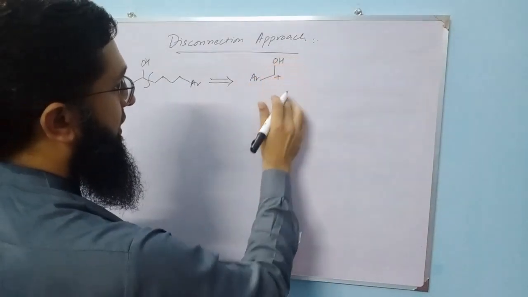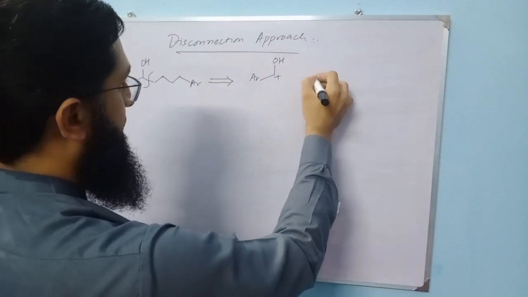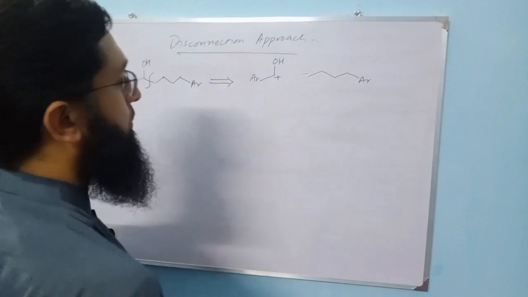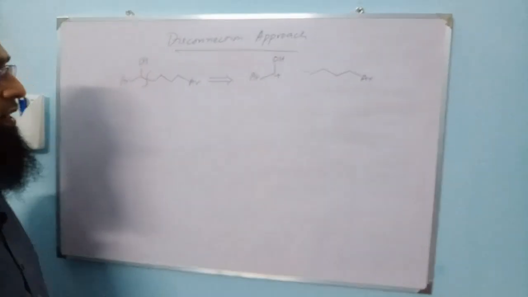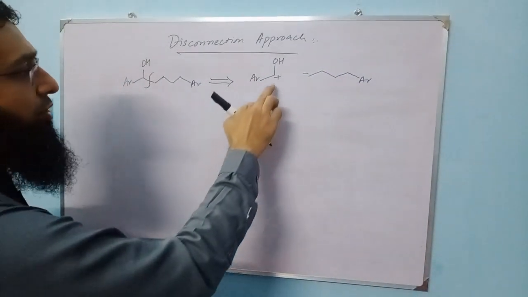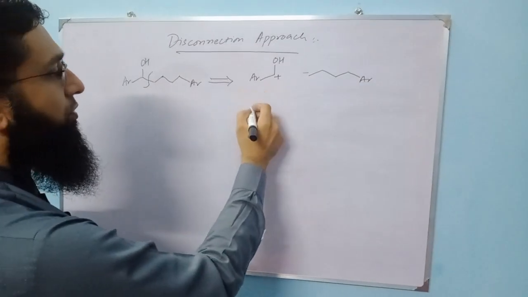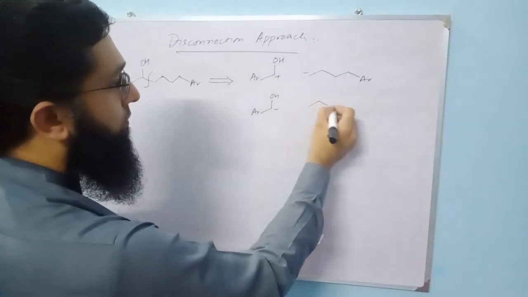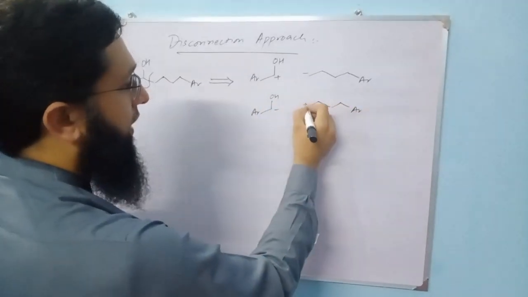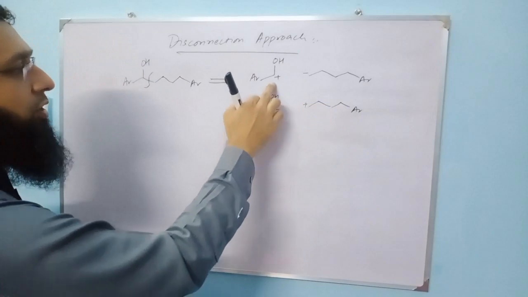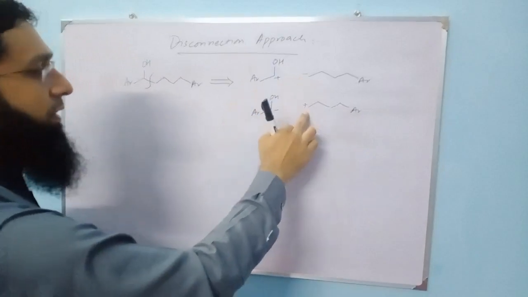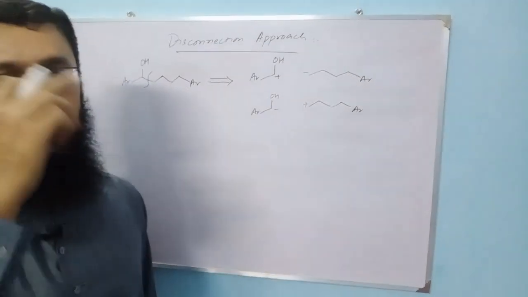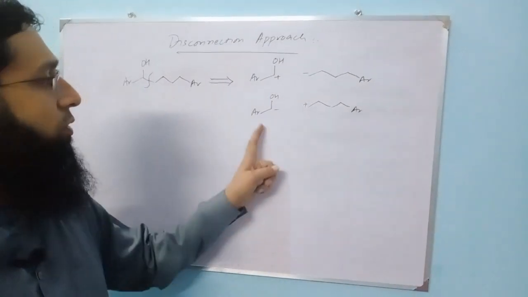As a result of disconnection we get synthons, the idealized reagents. It is not necessary that we use positive here; we can use negative here as well. And if we use negative here and positive here, or the reverse, then we have to see whether we have a real reagent available for this synthon or not.